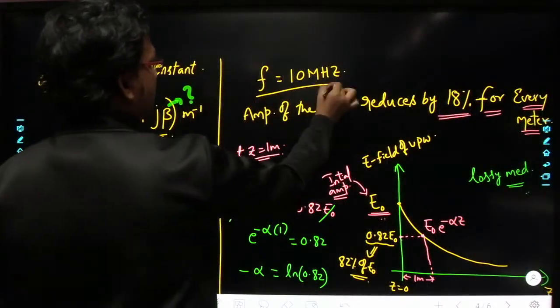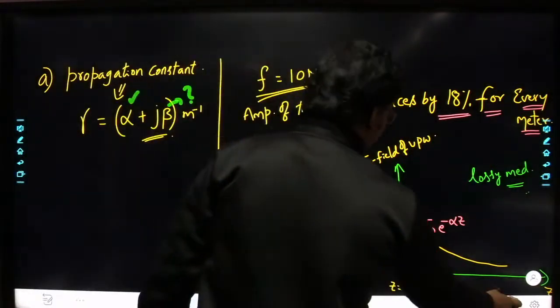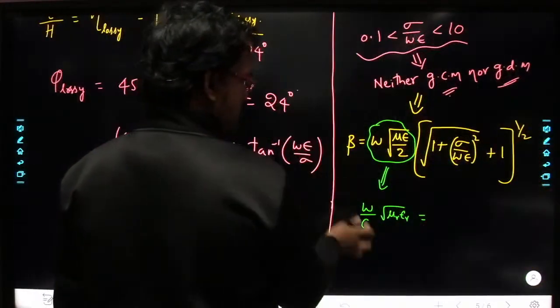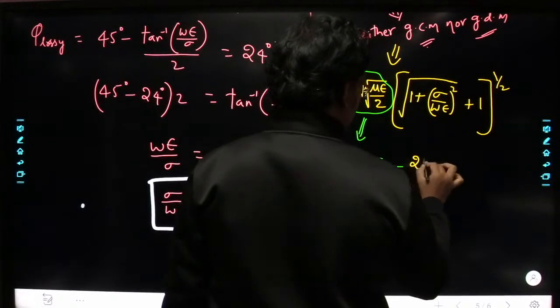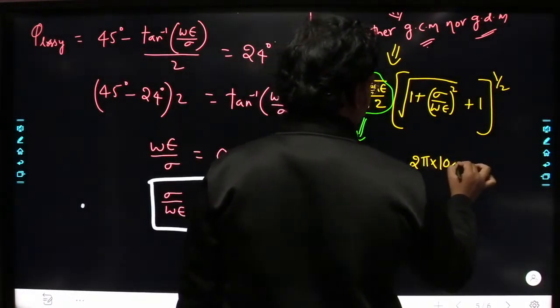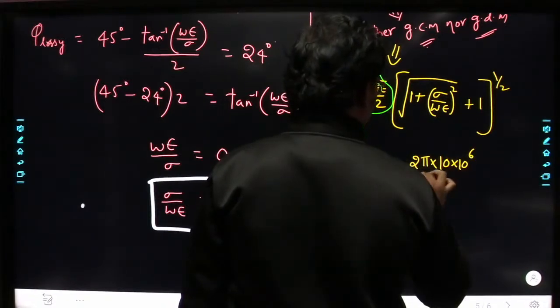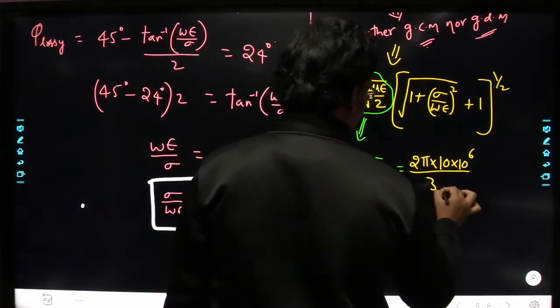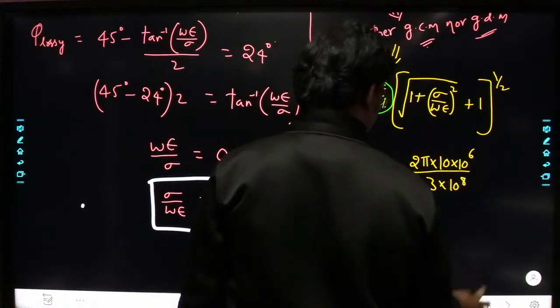So I can write 2 pi into f, where f is 10 megahertz, that is 10 into 10 power 6, divided by c, where c is 3 into 10 to the power of 8.